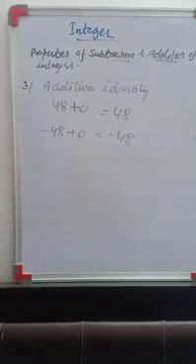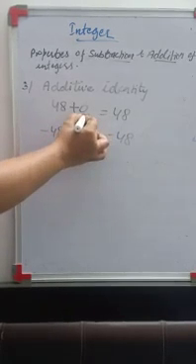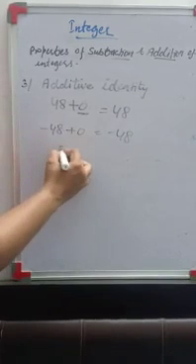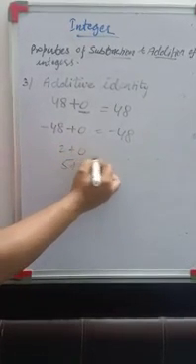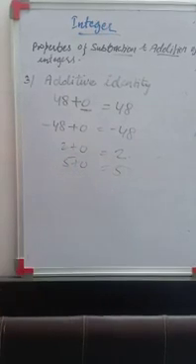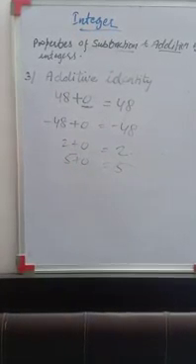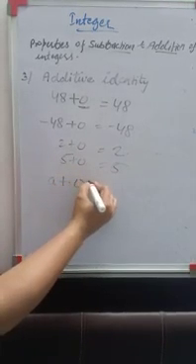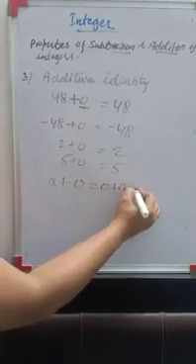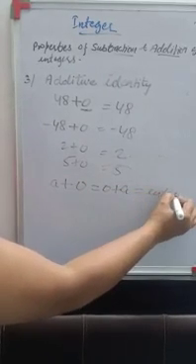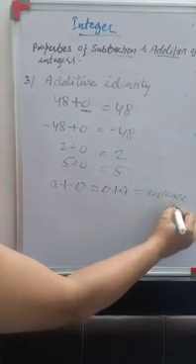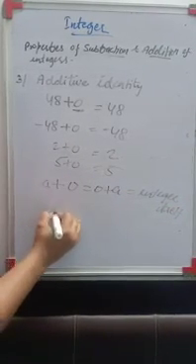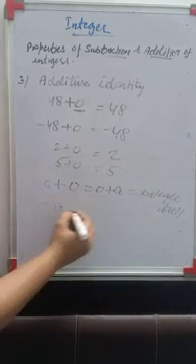That means we observe that whenever 0 is added to any integer, if I am writing 2 plus 0, 3 plus 0, whatever I am writing, the result is the number itself, right? So we can say that A plus 0 will always be equal to 0 plus A, which is the integer itself. So you can say 0 is what? It is the additive identity.